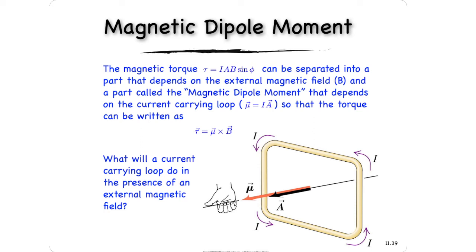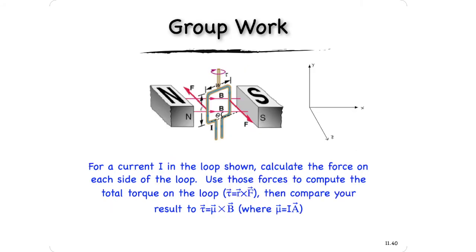Okay, so what I'd like you to do at this point is to try to work in a group to prove, or at least to verify, what we just learned, that the torque exerted on a current carrying loop is mu cross B. Here's a diagram showing a magnetic field going from north to south with a current carrying wire in it.